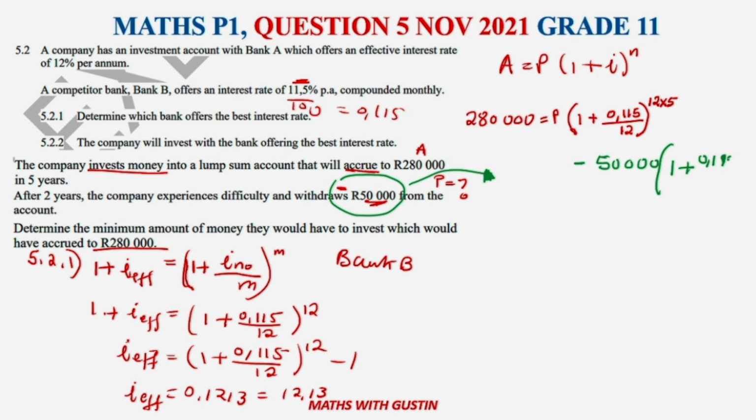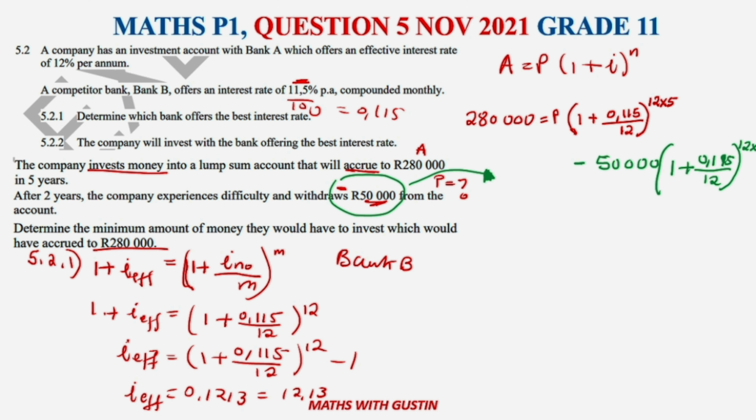Because we don't want to just do things haphazardly. However, how many years are left? So it's going to be 12 times 3 years that are left there, times 3 years. For those of you who feel like you don't understand, all right, let me draw a timeline for you.